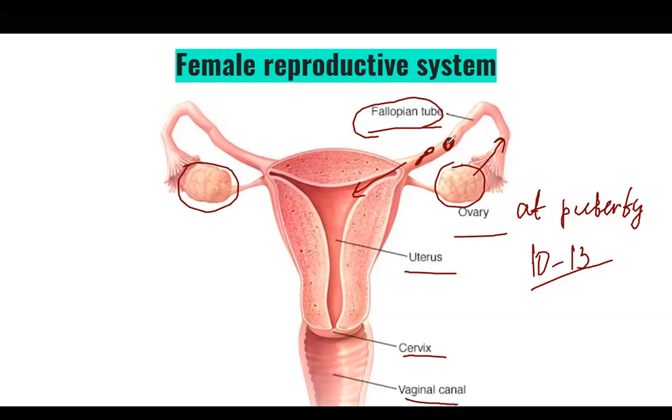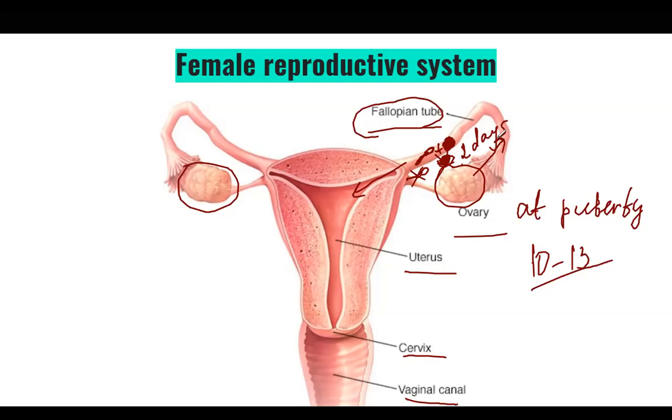The egg cell is bigger than the sperm cell. They fuse in the fallopian tube. If there is no sperm cell present in the fallopian tube, the egg cell dies. It occurs within 2 days.